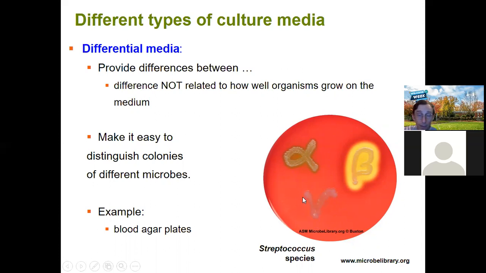There's also partial hemolysis where some of the red blood cells are hemolyzed, but not all of the red blood cells are hemolyzed. And so you have the red, and then you have a dark ring around the off-white growth. That dark ring, which usually looks greenish or darkish, is from partial lysis of the red blood cells, but it's not complete lysis.